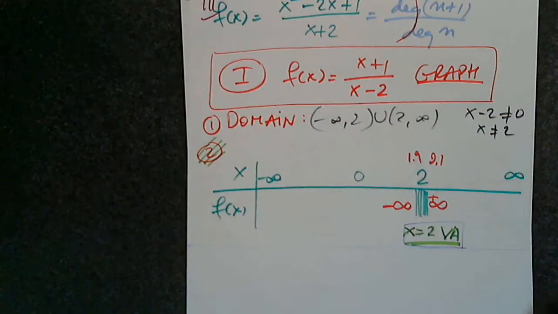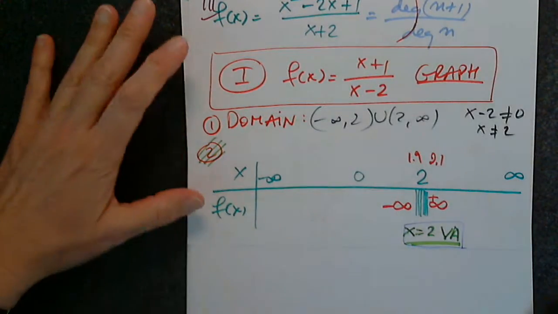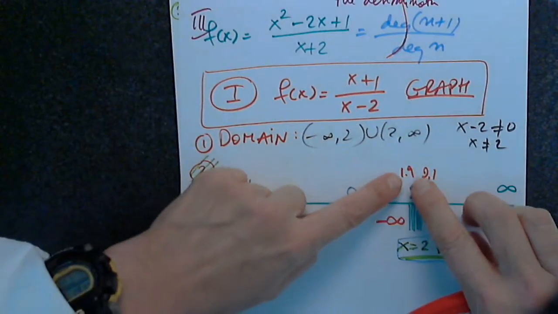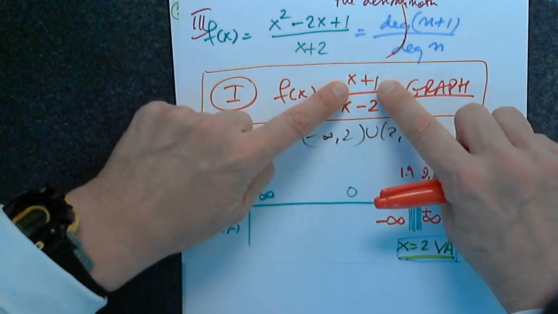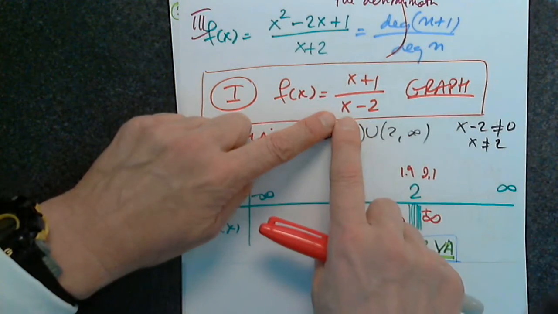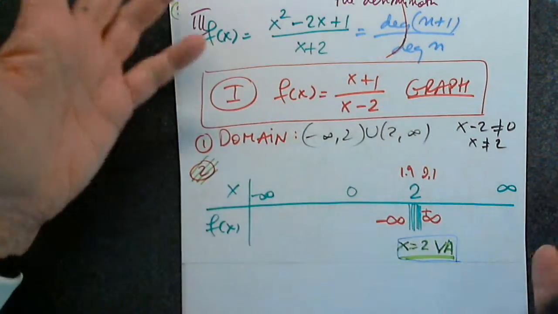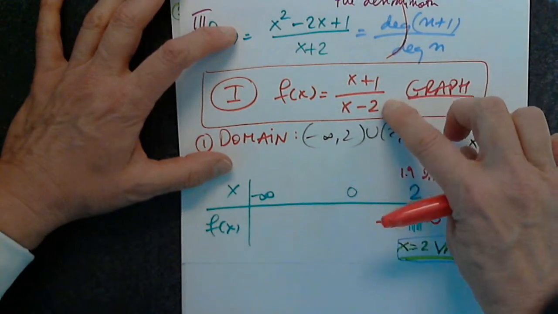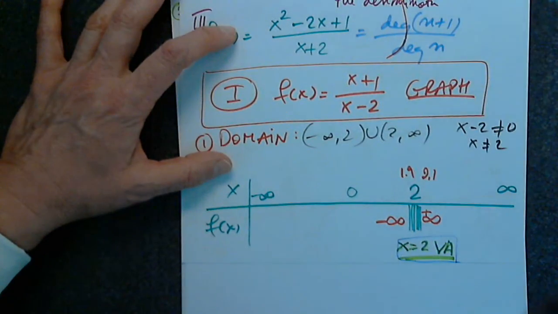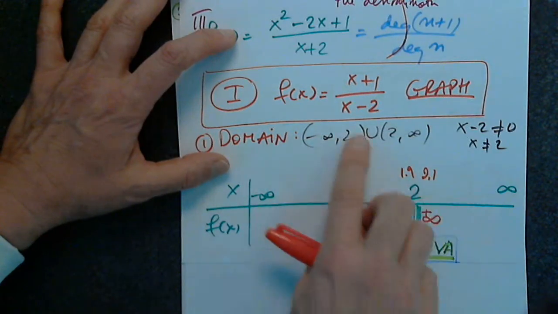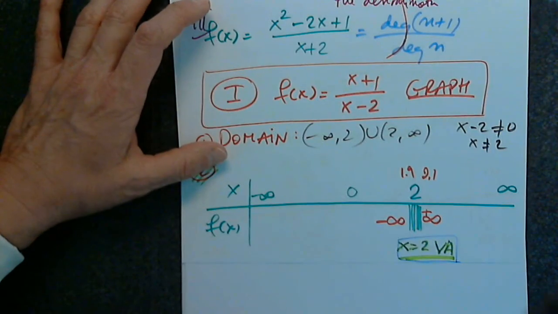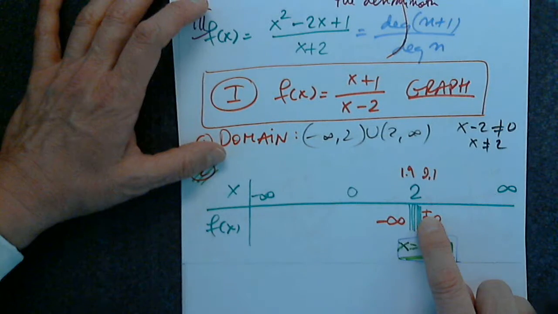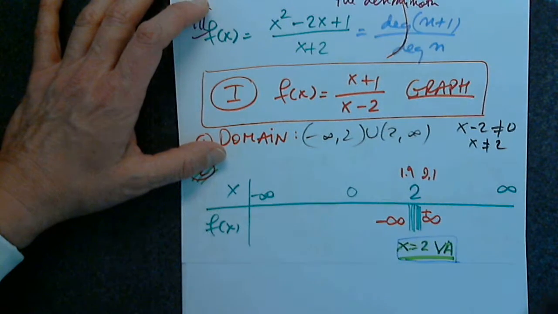I evaluated the function. I plugged it in. 1.9 plus 1 gave us a positive number. 1.9 minus 2 gives us a negative number. Positive over negative is negative infinity. That's all I did. I just replaced it in the function to get this sign, to see where the function is going.